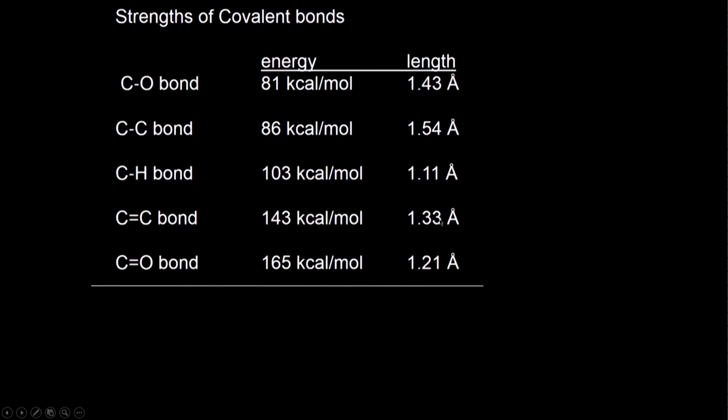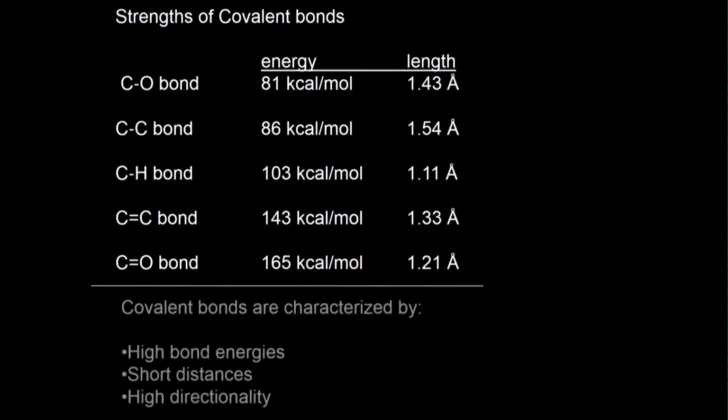They come closer and closer. So covalent bonds are characterized by high bond energies, short distance, and high directionality. The direction is very focused and fixed, so it is not random, whereas a hydrogen bond, for example, is not so directional.